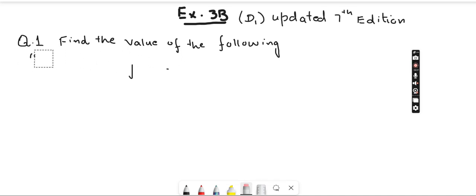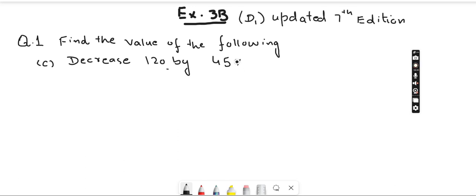So for C part of the question, what C part says, this is decrease 120 by 45%. So you'll write it in this way, 120. First you will write 120, then for decrease this subtraction sign, and it is decreased by 45%.